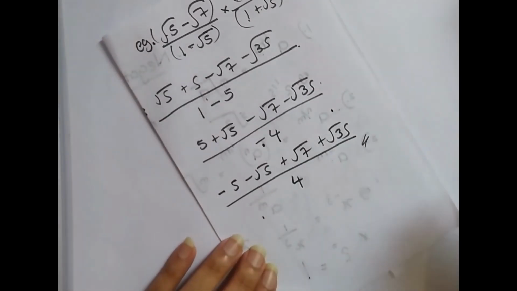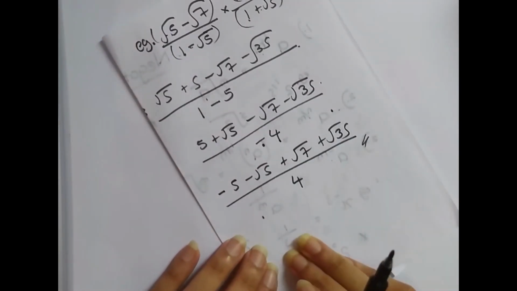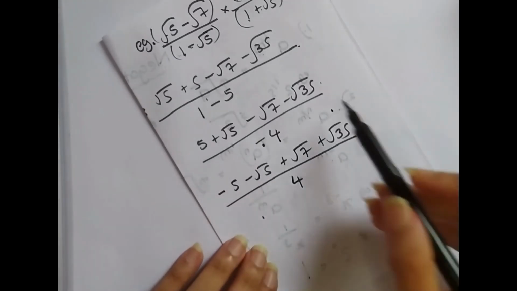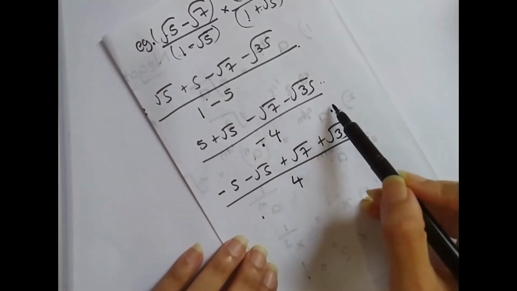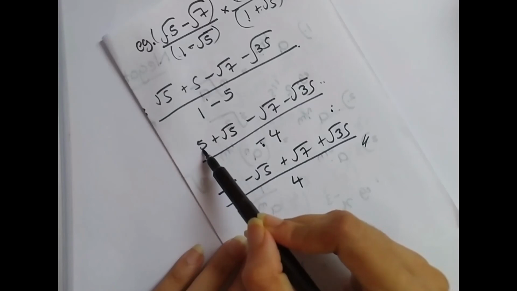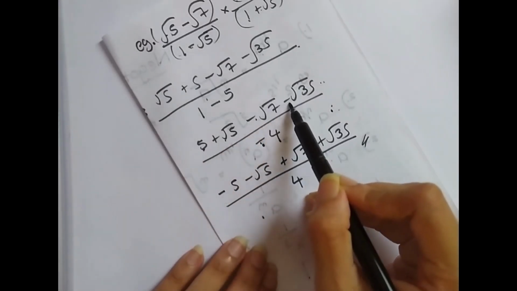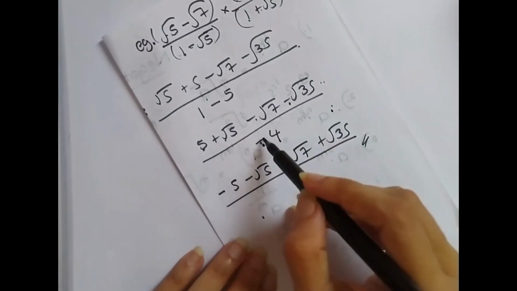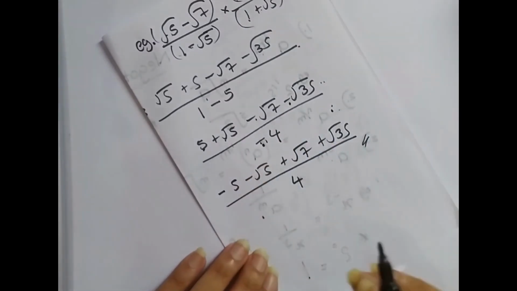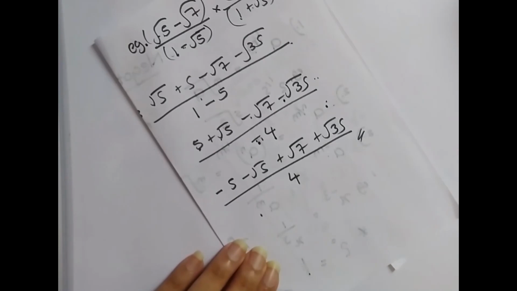This is the answer. What I did was multiply the numerator and the denominator by minus. So this becomes minus, minus, and this becomes plus, because minus into minus is plus. Here minus into minus is plus, and here minus into minus is plus. That's how I got the answer.